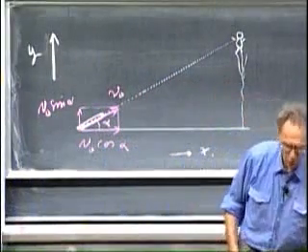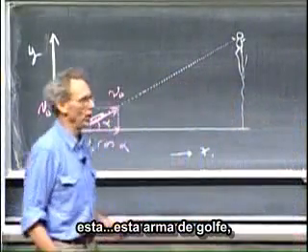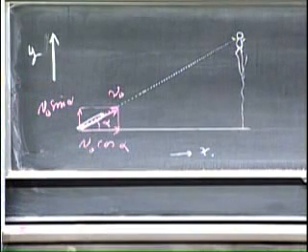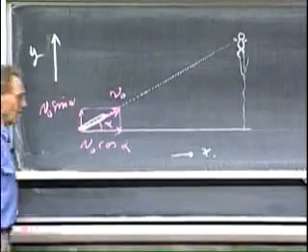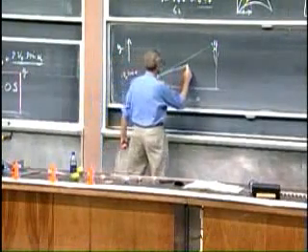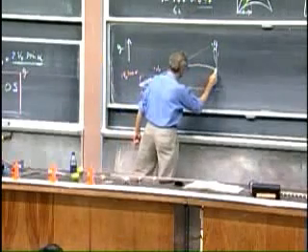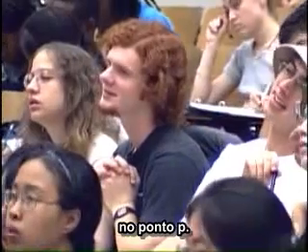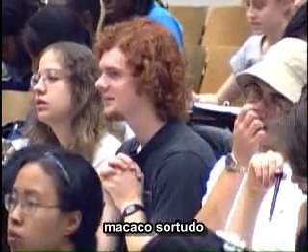This golf ball, this golf gun, is really not first class, thank goodness. And so, when the hunter shoots this golf ball, this happens. And it ends up here at point P. Lucky monkey, so far.